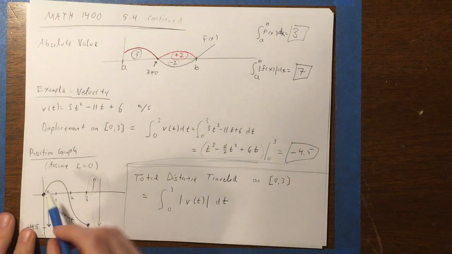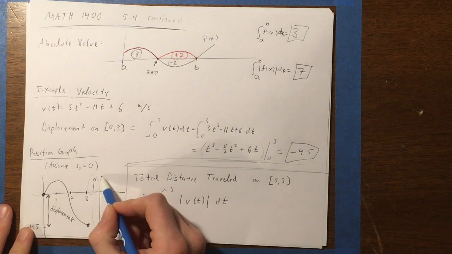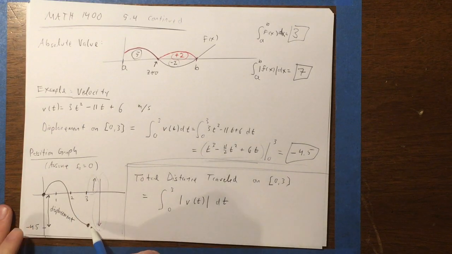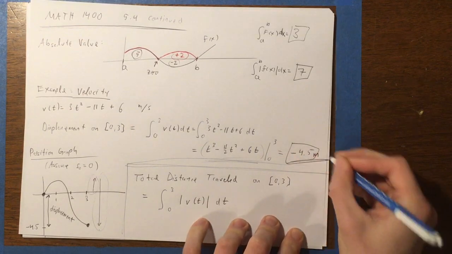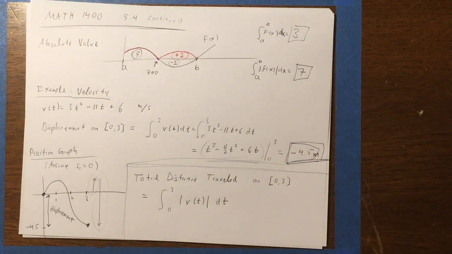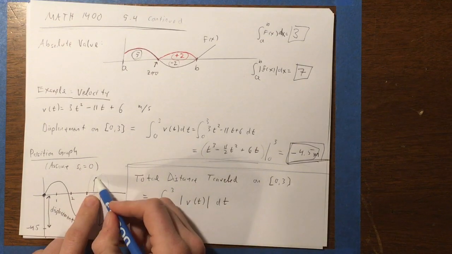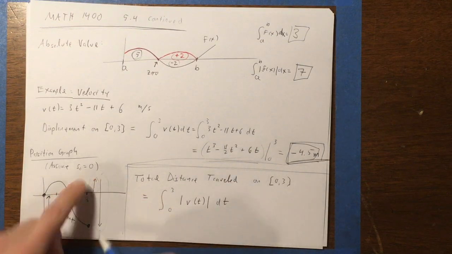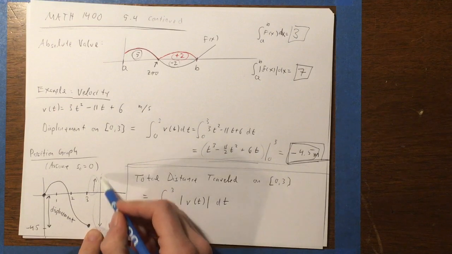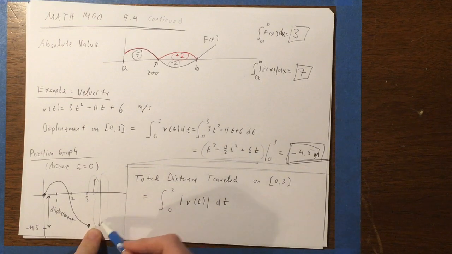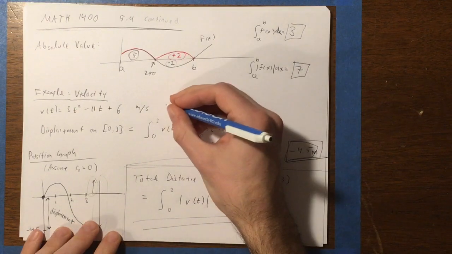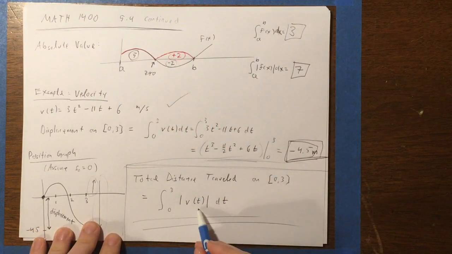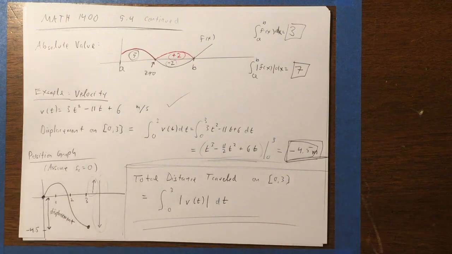That way, instead of adding and then subtracting and ending up with a net change of negative 4.5 meters, I forgot to put a unit on this, that's meters, instead of having the net change giving us displacement, this would take the forwards motion and add that to the backwards distance. However far this object travels backwards, we take the absolute value and add those together. So in the next video, I'll take this function and we'll integrate the absolute value of it. To do that, we'll have to find zeros and split it up into separate pieces. We'll go over that in a moment.